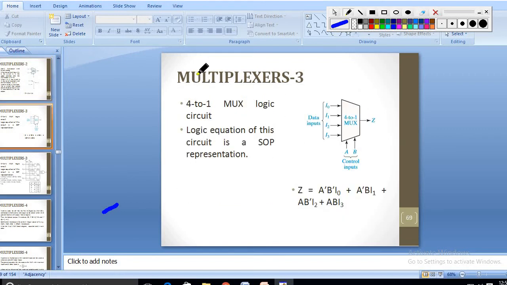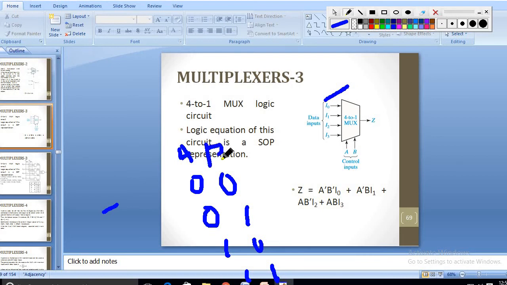See here for 4:1 multiplexers, 4 data inputs, 2 control inputs. For this circuit, the truth table is 0 0, 0 1, 1 0, 1 1. If I want to select the data input I naught, both control inputs should be A dash B dash, meaning 0 0: A dash B dash I naught, where this is A and this is B. Plus, if I am selecting the data input I1, it is A dash B into I1.